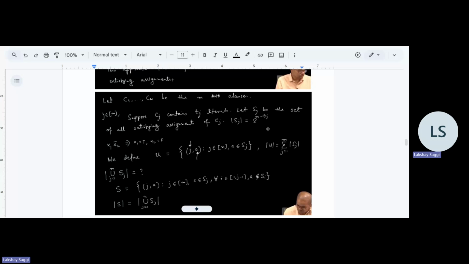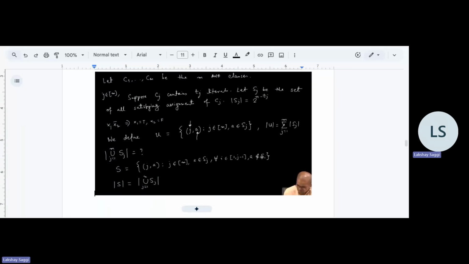Why are we defining this set? It was discussed that you define a universe set U, which is the set of pairs j comma a, where j is the index of the clause. There are a total of m clauses, so j goes from 1 to m, and a is one of the satisfying assignments in Sj, the set of all satisfying assignments for the clause Cj.